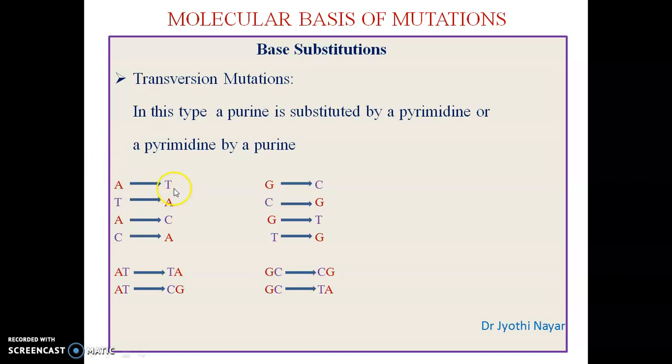A is substituted by thymine, T substituted by adenine, A substituted by cytosine, C substituted by adenine, G substituted by cytosine, cytosine, the pyrimidine, substituted by the purine guanine, guanine, the purine, substituted by a pyrimidine thymine, and pyrimidine thymine substituted by the purine guanine. The changes you see in the base pairing are AT to TA, AT to CG, GC to CG, GC to TA.